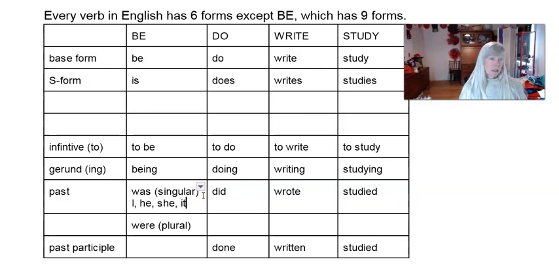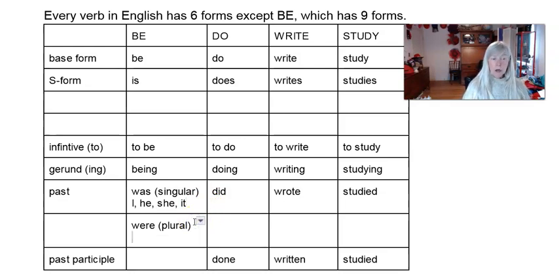All singulars are was. Were is all of the plurals, including you. You always takes a plural verb. You, we, they are the plurals. Past of be. I was, he was, she was, you were, we were, they were.